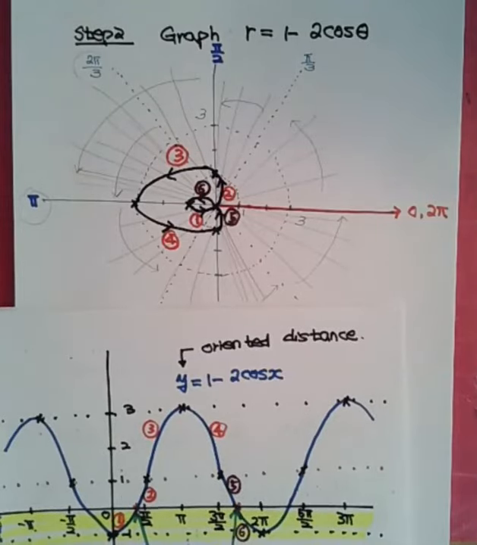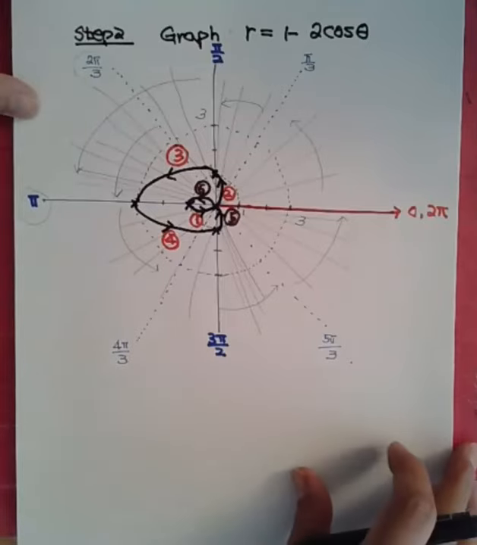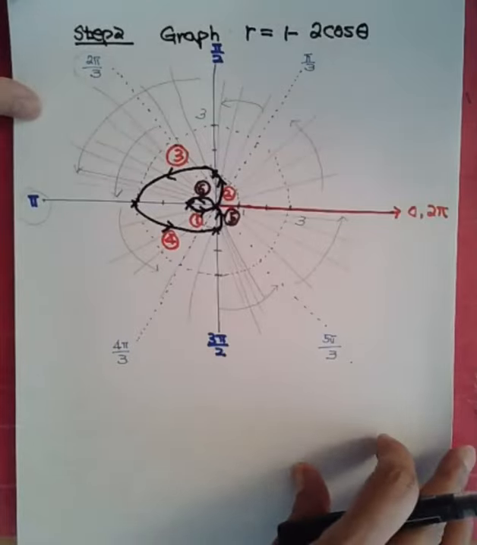That's how you draw the graph of r equals 1 minus 2 cosine of theta. This is an example of the Limacon.